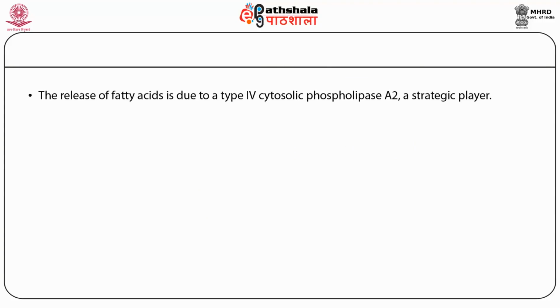The release of fatty acids happens due to type 4 cytosolic phospholipase A2, which is a strategic player in the eicosanoid biosynthesis, especially in the formation of arachidonic acid.